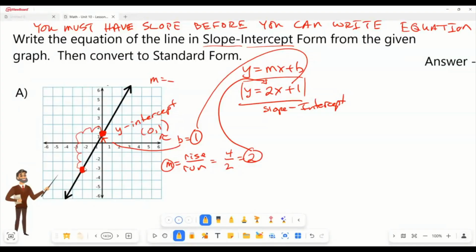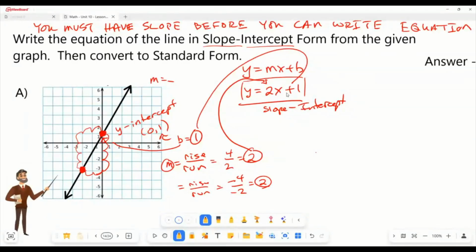Or if you want to go from this point to this point, you can do that. If I start here, we always go up or down first, rise. So I can't go left or right. I got to go up or down. I go down 1, 2, 3, 4. Down 4. Then I go in the backwards direction, 1, 2. Backwards is negative. Negative 4 divided by negative 2 is positive 2.